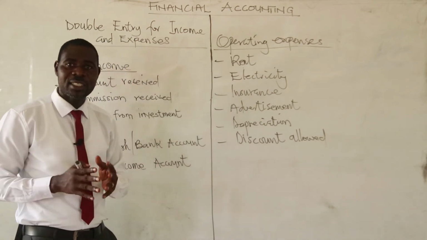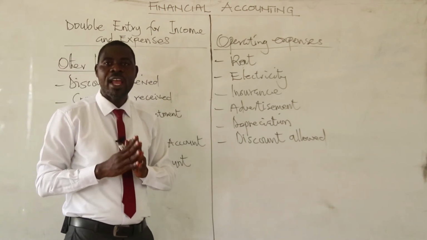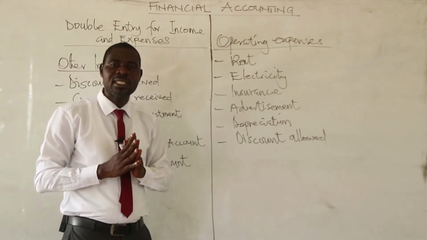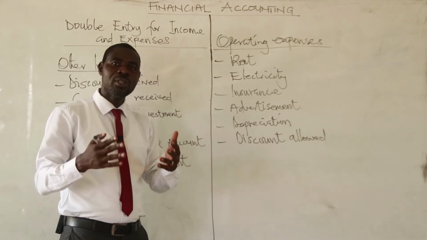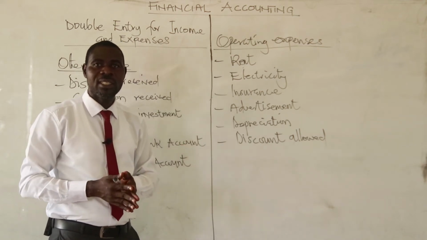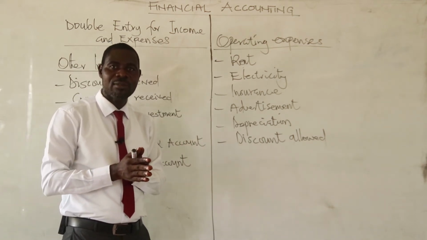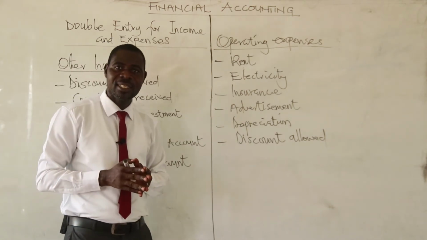And as we have established, we debit all expenses. All expenses must be debited. So the corresponding entry may be cash or bank. When we pay for an expense, we have to credit our cash account or bank account and then debit the expenses account.